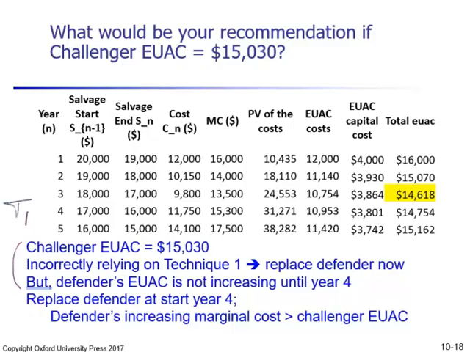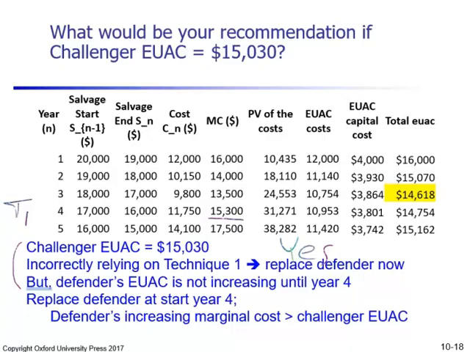For technique 1, we start checking with year 4. Is the marginal cost at year 4 for defender greater than challenger EUAC? Yes, it is. Defender marginal cost is 15,300 and the challenger EUAC is $15,030.